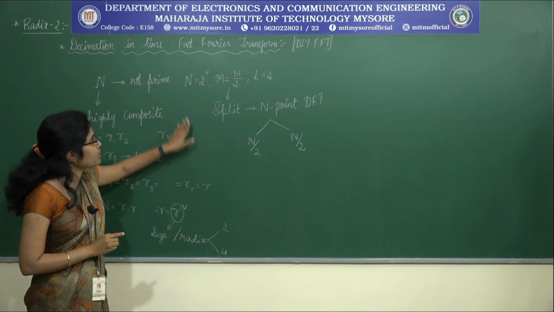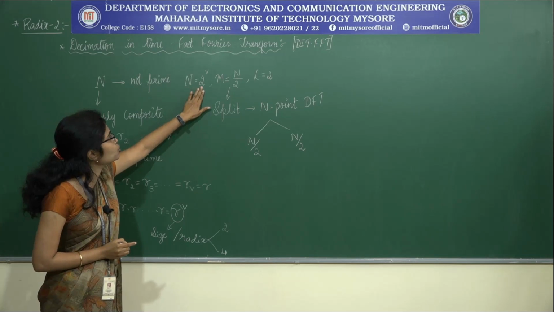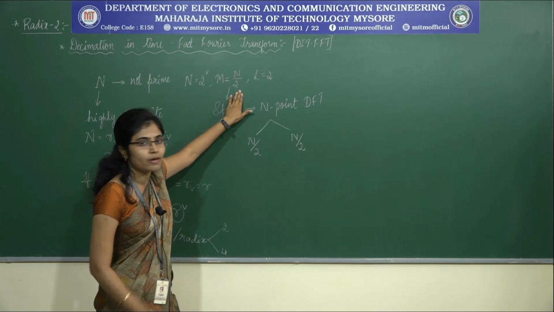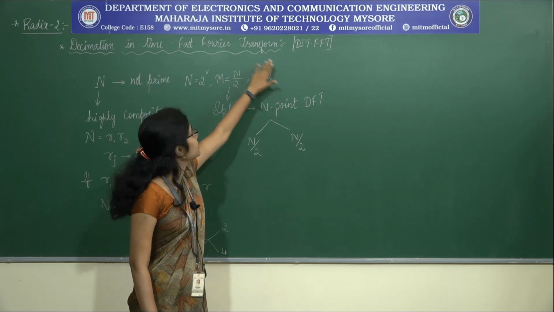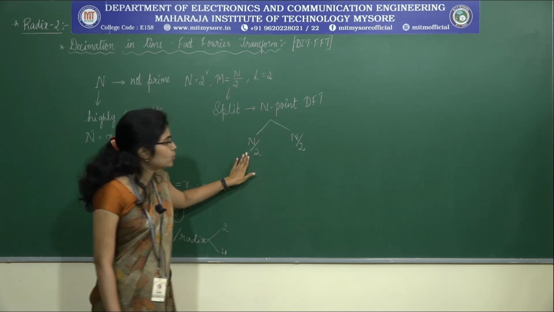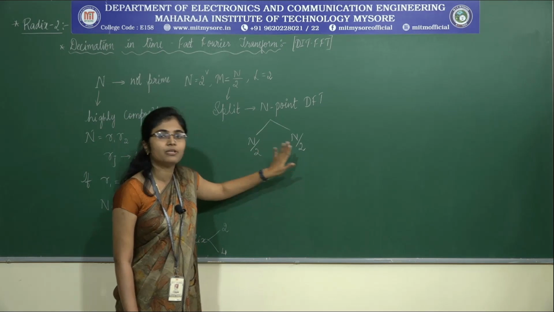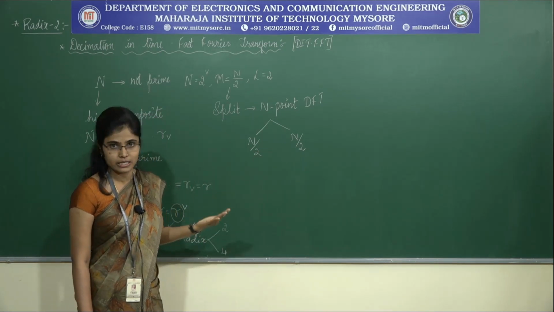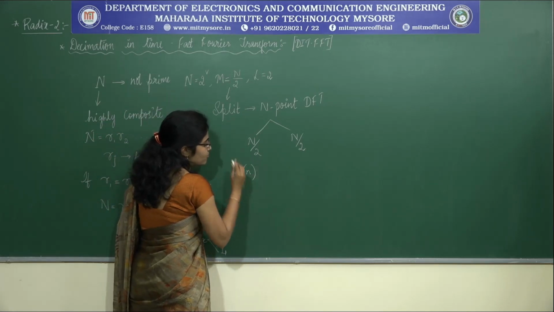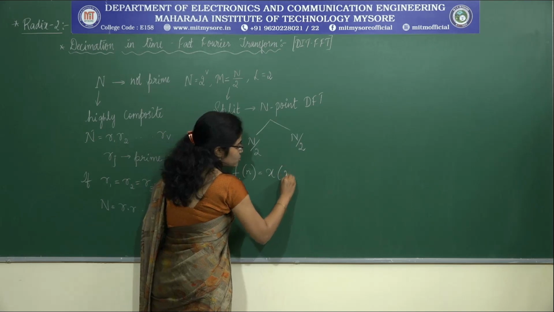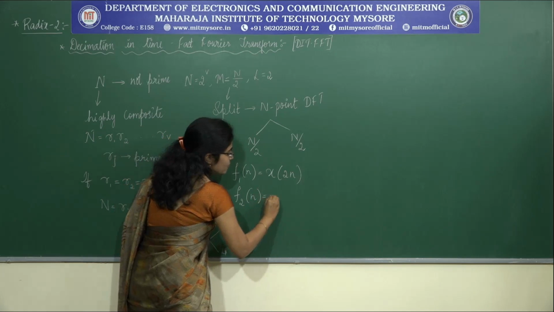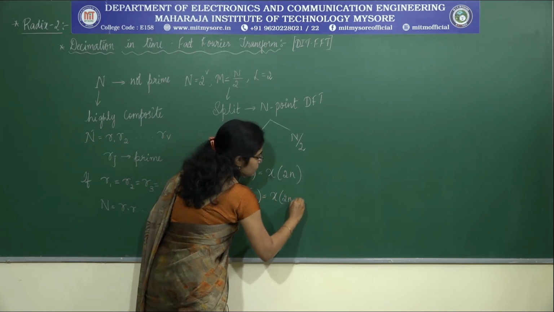That is, if I want to compute the n is equal to 2 power v point DFT, and if I select the value of m equal to n by 2 and L equal to R, this selection results in the splitting up of the n-point DFT into n by 2 and n by 2 point DFTs based on even and odd number indexing, which results in the standard functions f1 of n, which is equal to x of 2n, and similarly f2 of n, which is equal to x of 2n plus 1.